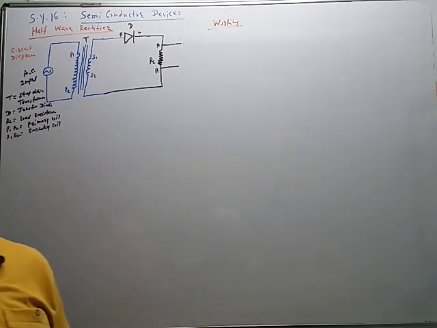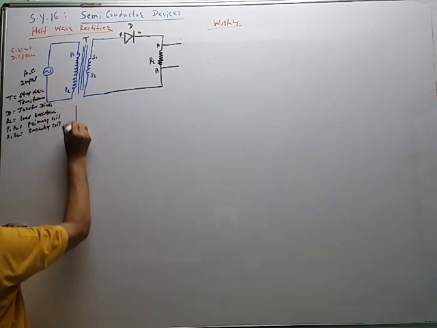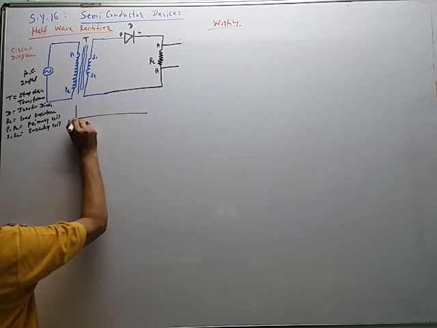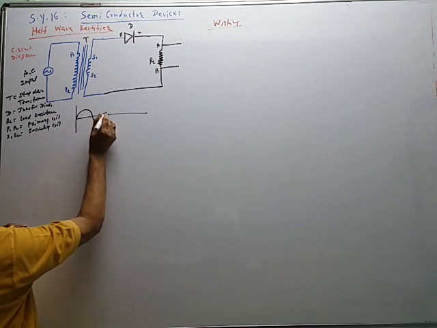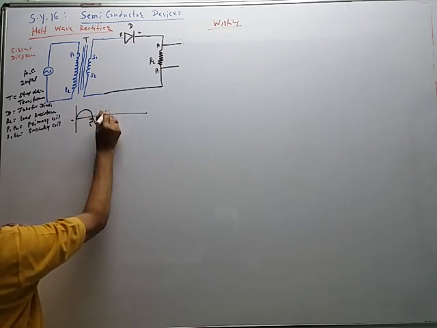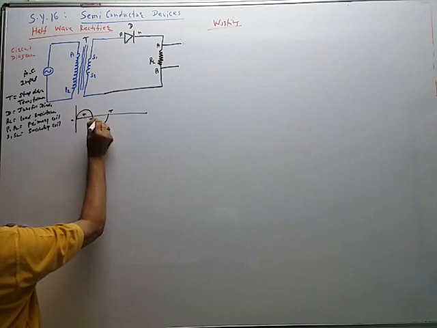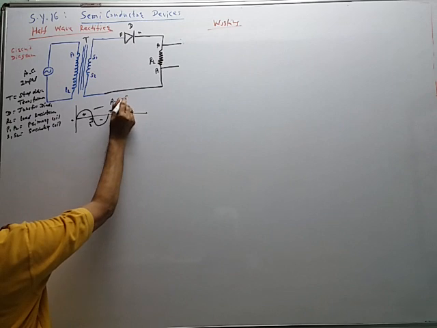So we know the AC supply. When this AC supply we show like this, this is positive half cycle, this is negative half cycle. One cycle is from 0 to T by 2 to T. This is the positive half cycle. This is the negative half cycle. This is the AC input.